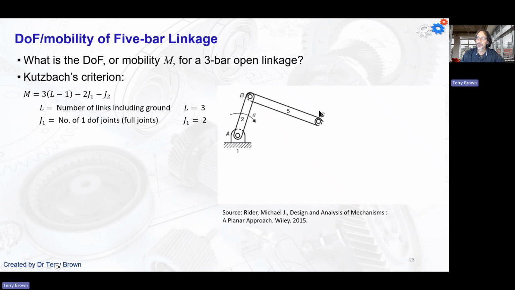This one out here is not connected to anything, so it's a node, but not a joint. 0 half joints, and our mobility is 2. So in order to fully control this linkage, we need something to control link number 2 and also link number 5, between links 2 and 5.